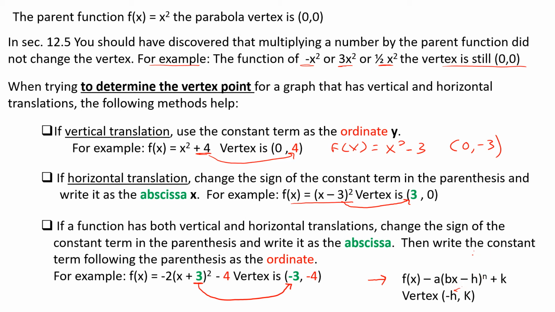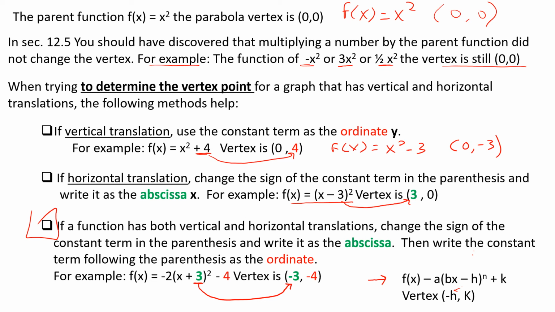All right. Now, this actually applied to all the others before. Let's look at it. Okay, so here we have the function f of x equals x squared. Well, is there any number that is being added or subtracted on the outside? No. So you're going to assume that's 0. Is there any number that is being added inside the grouping symbol? No. So you're going to assume it's 0, right? So that's why that vertex is 0, 0.